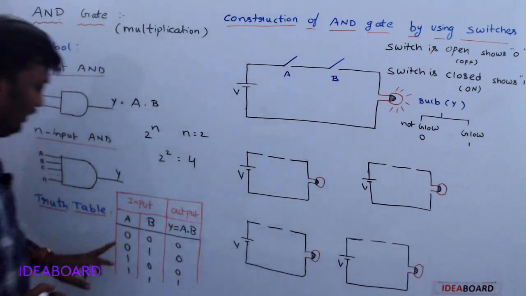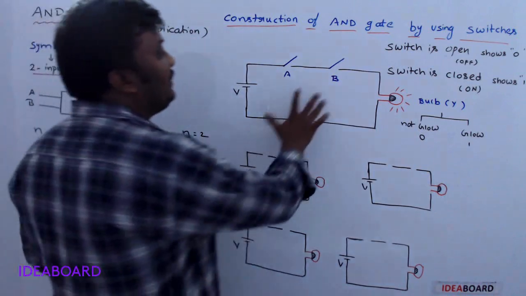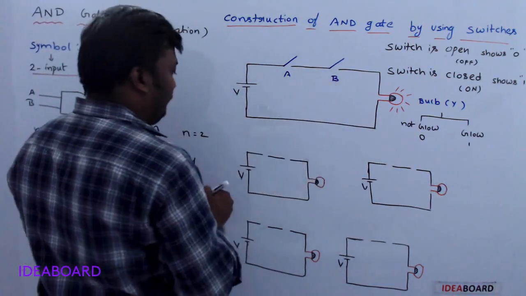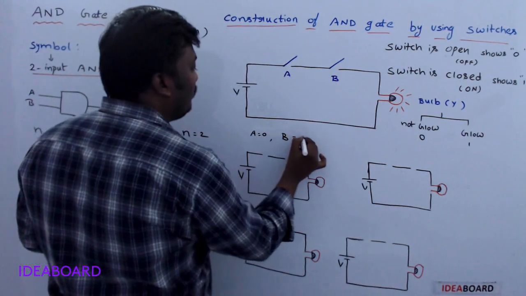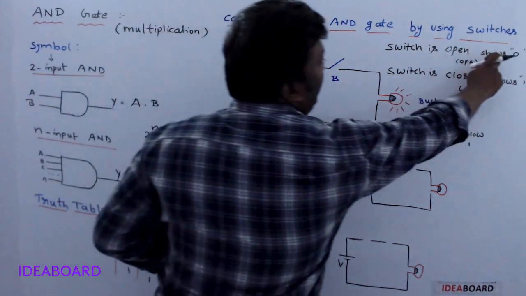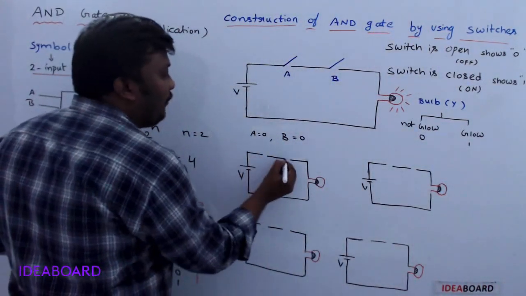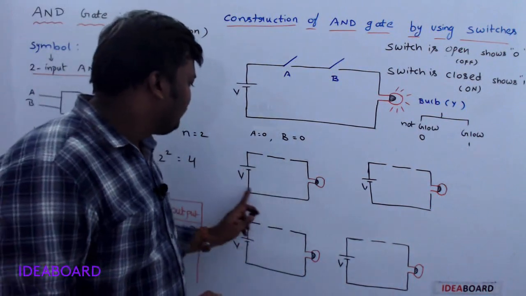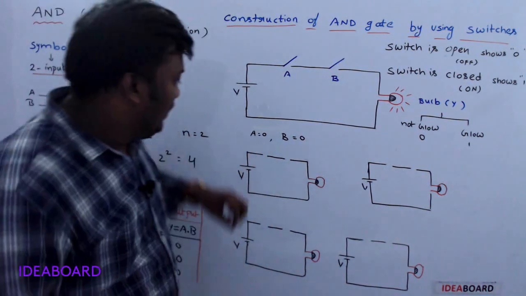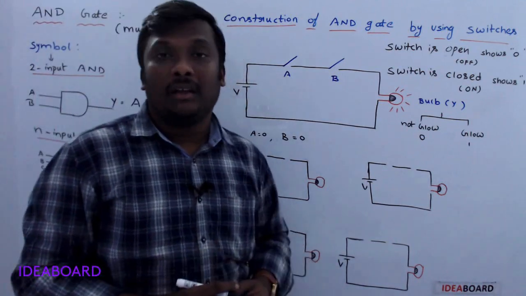What is the first possibility? A is 0, B is 0. 0 means the switch is open. This is open mode, and this is also open mode. Is the circuit completed? No, because the circuit is open, so the circuit is not completed.